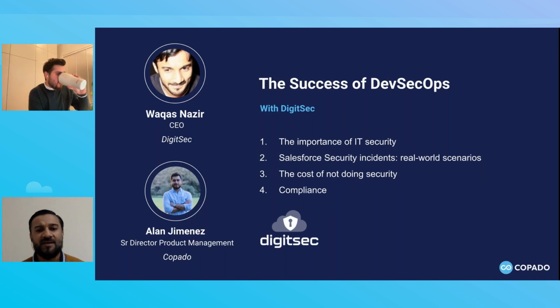One of the greatest challenges when it comes to platforms like Salesforce, which are highly customizable, is the dangerous assumption that we cannot mess up. Whatever we do, there is never going to be a scenario where we're going to impact the security of our data. And that's a very dangerous assumption to make.